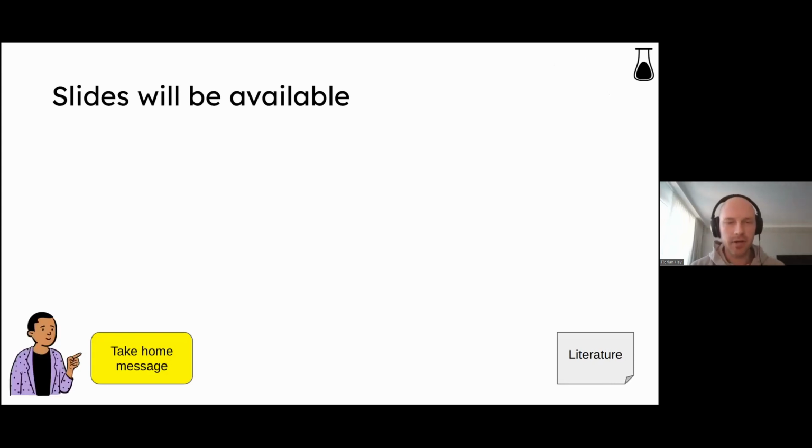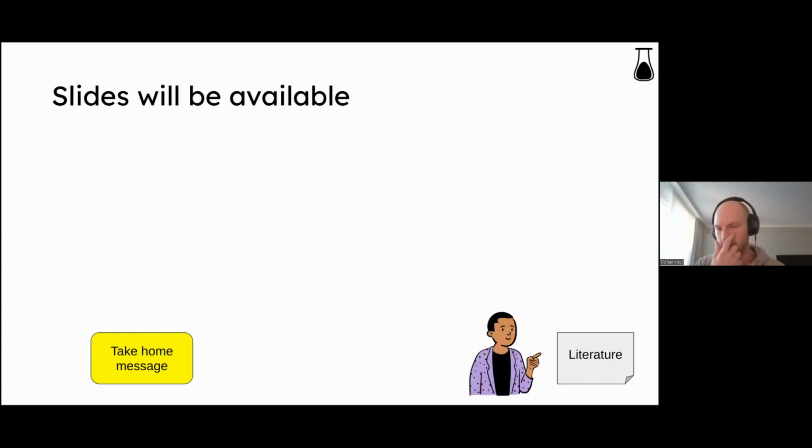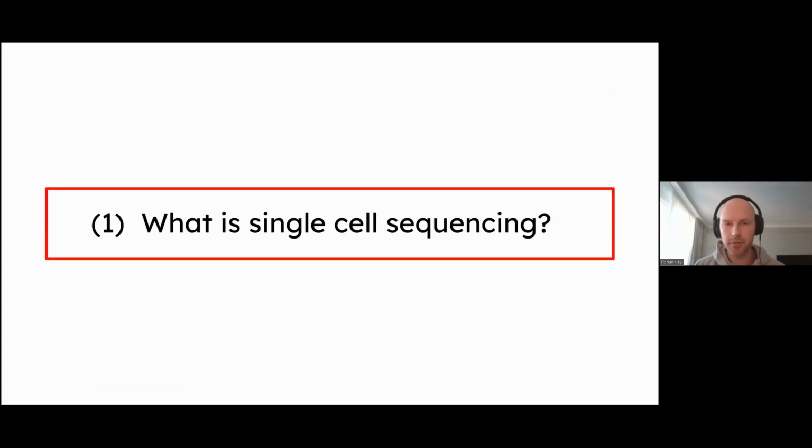On the lower left is a take-home message for the slide, which is the most important message you should get from it. And in the right lower corner, you also have literature you can read up on. Again, I scratch the surface a bit, and the literature helps you read further. So I give you a direction, and then you can look into it in more depth with the literature.